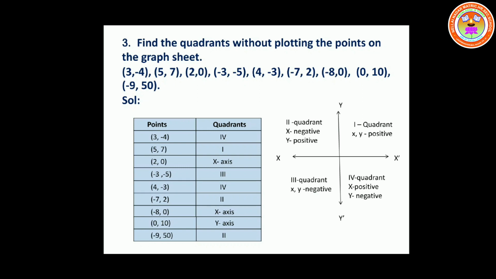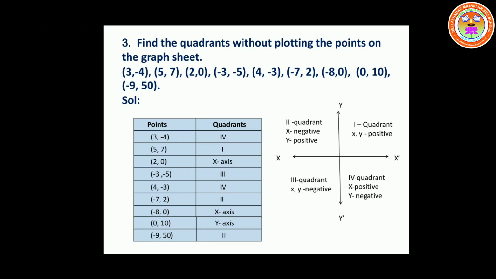Okay. Now minus 8 comma 0. Again there is a 0 as y coordinate. So what happens to this point? This point lies on the x axis because the y coordinate is 0. Yes. Okay. Next, 0 comma 10. Now my x coordinate is 0 and y is 10. So what happens to this point?